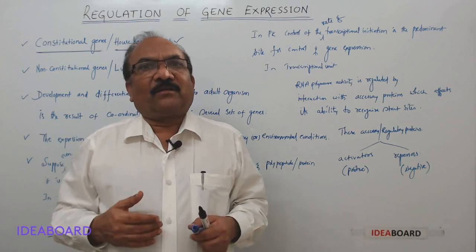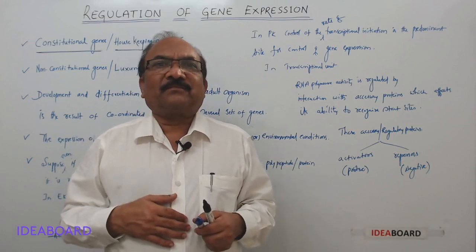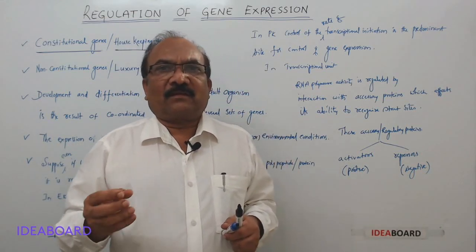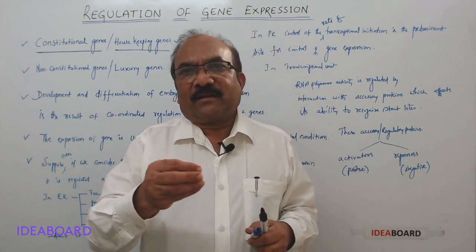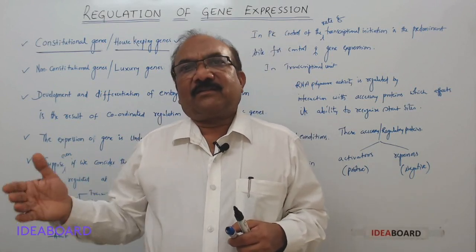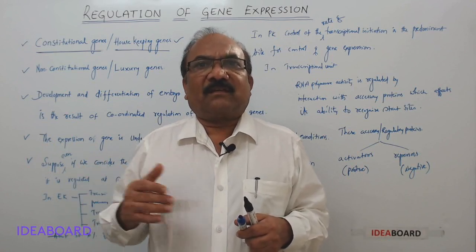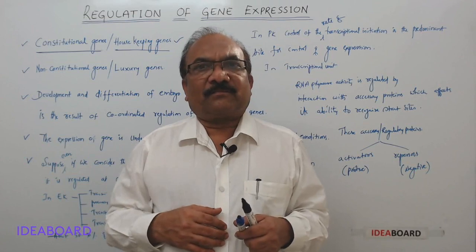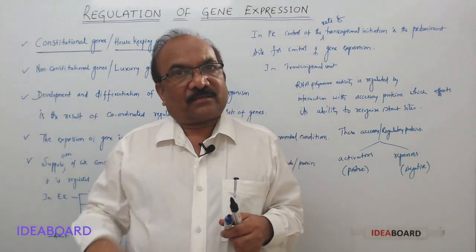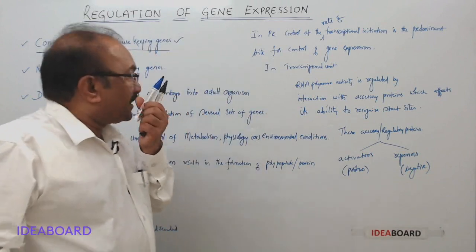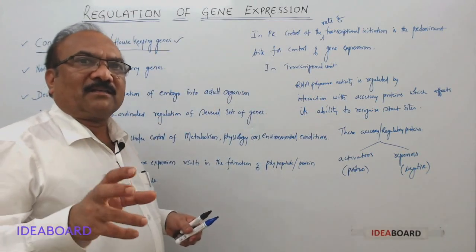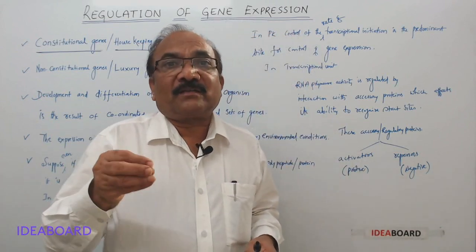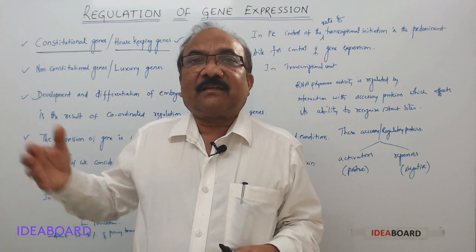We respire aerobically, and aerobic respiration involves glycolysis, pyruvate metabolism or the link reaction, the TCA cycle or Krebs cycle, and also the electron transport chain or oxidative phosphorylation. All these reactions are catalyzed by different enzymes, and the information for these enzymes is with the DNA.